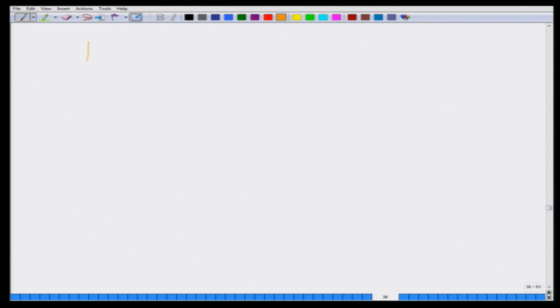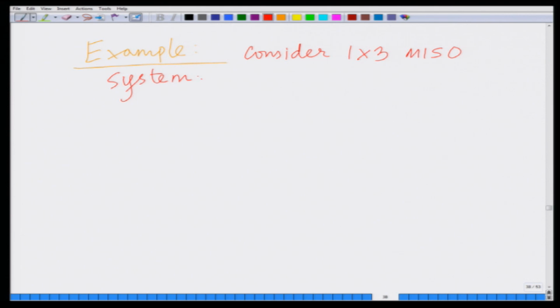So, let us do a simple example again to understand this. It is a very simple example. Consider a 1×3 MISO system and SNR equals 25 dB.